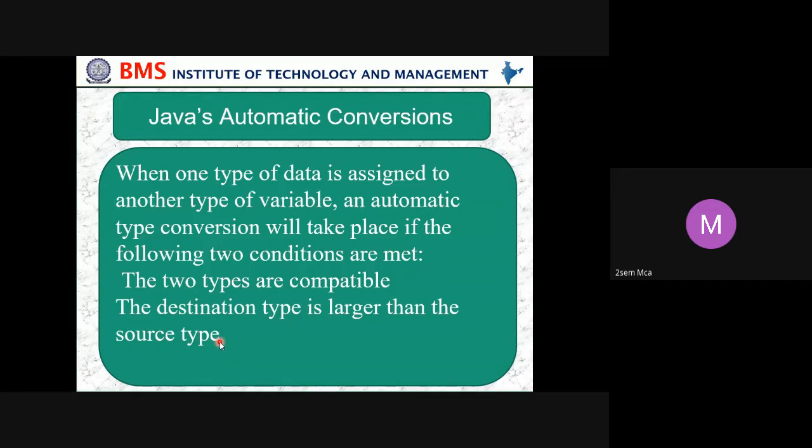Suppose you say a float, and an integer is stored, yes, it is possible. So this is compatible. Then the destination, so float has a greater size than integer. So then it is possible. That's what here, the destination type is larger than the source type.